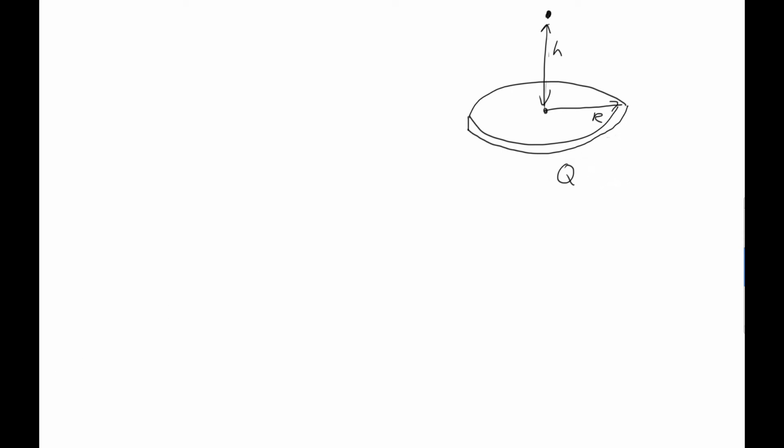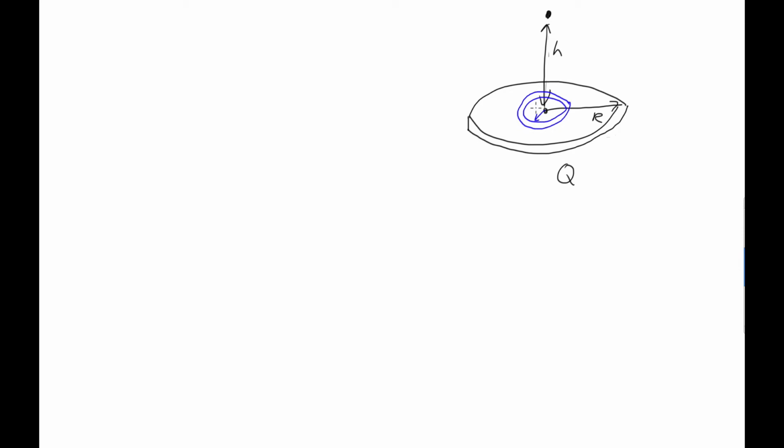Now, in order to do this, we're going to want to exploit symmetry as much as possible, like we usually do. And so what we'll do is we'll consider a little ring of charge here. So let's take this little ring here.